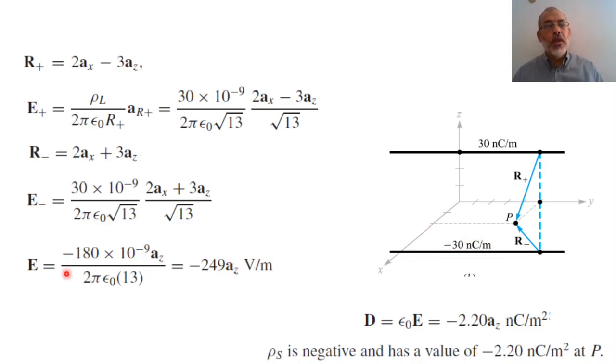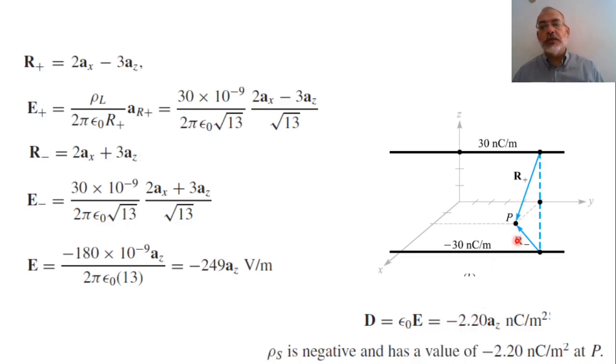Okay. Now I have calculated the electric field at the point P. I can obtain the electric flux density at the point B as D equals epsilon naught multiplied by the electric field. So I multiply this value by epsilon naught. So this is the electric flux density.